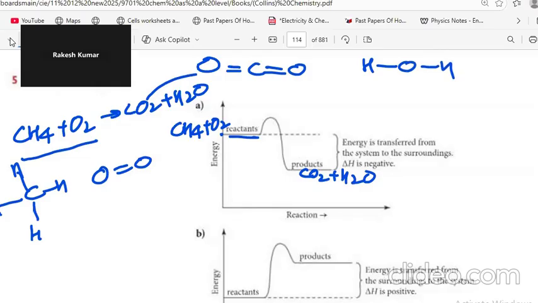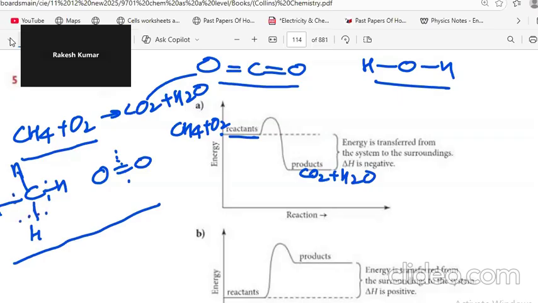So these bonds have to be formed, but first they have to be broken. They break, all bonds break, and everything goes into an atomic state. Everything converts into atoms. So it's not so straightforward, but this will have C and 4H coming here, and this breaking is making it go higher up. And after they have broken, all of them are separate, they will join again and fall down.